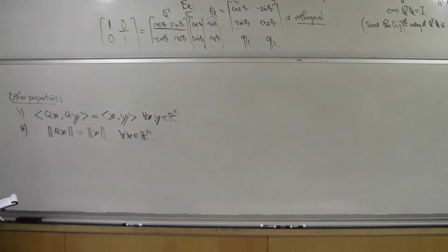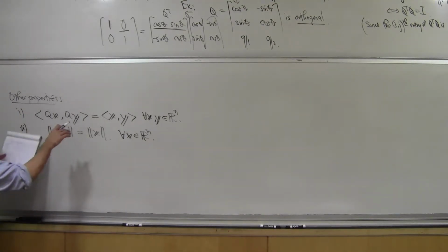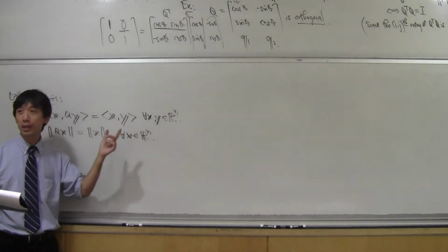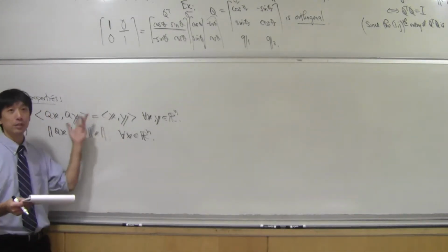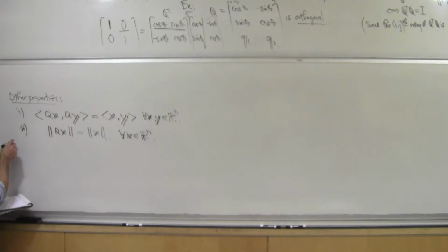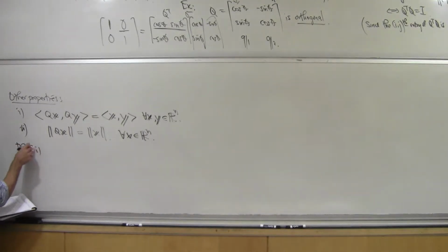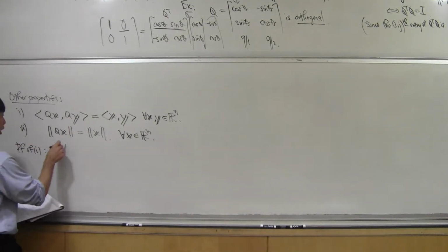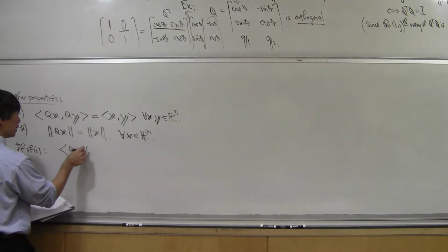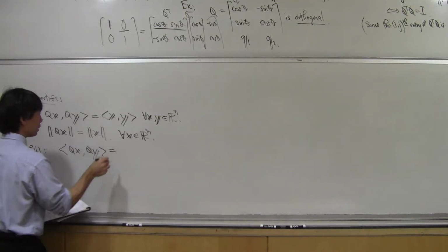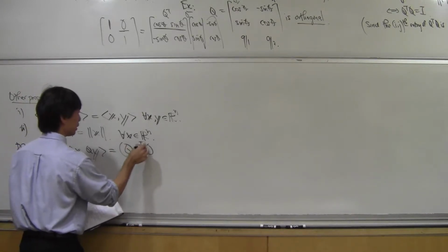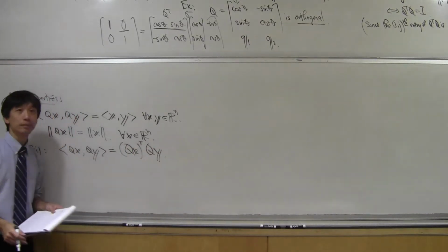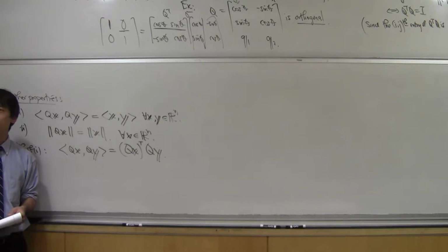Okay, so let's look at this. If you take two vectors and then you take Q of these, the dot product doesn't change. So let's prove that. Proof of one: the dot product of these things, remember, is (Qx) transpose (Qy). That's the definition of the dot product.